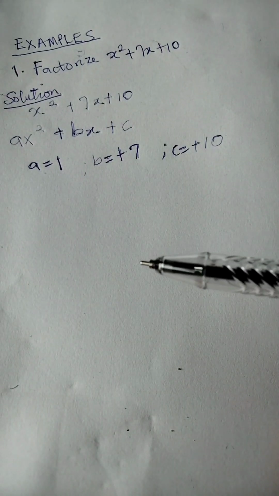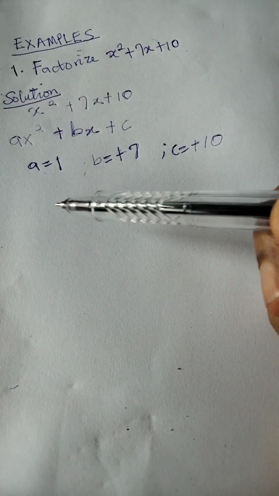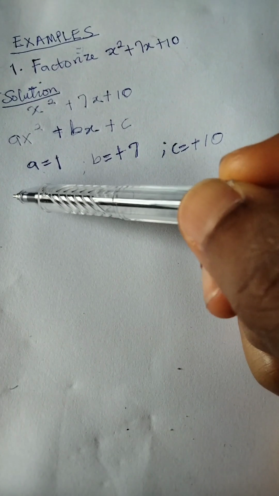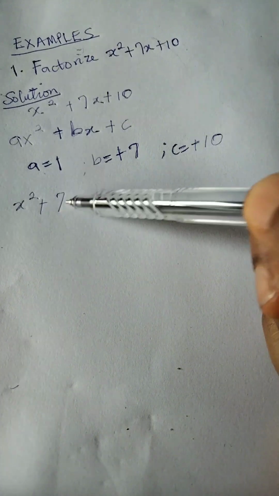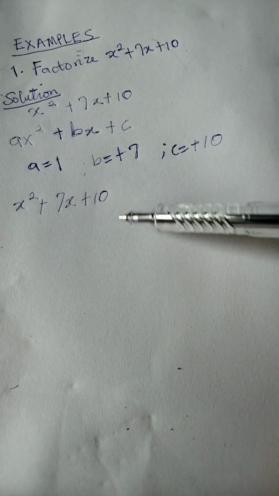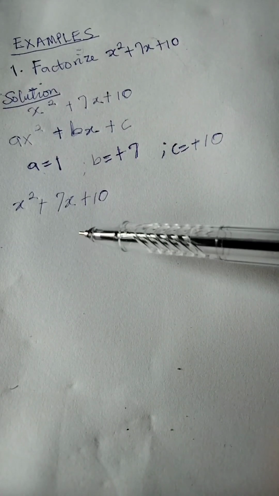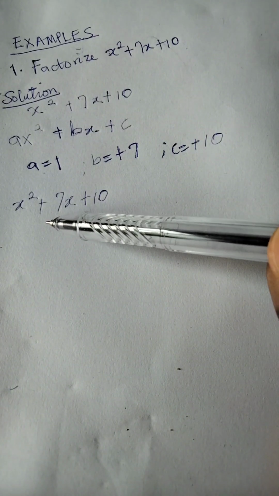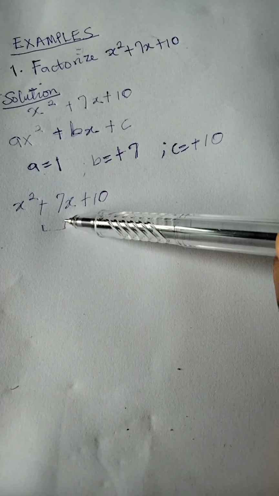Now after identifying what our constants are, a, b, and c, we'll go ahead to solve. Now we have x squared plus 7x plus 10. Now we are asked to factorize, which means to group. The first thing we like to do in factorizing is to replace our constant b.